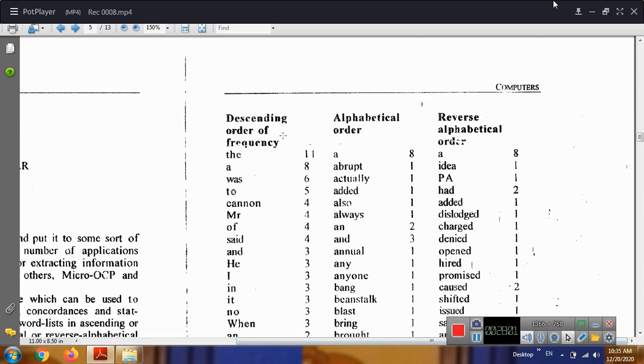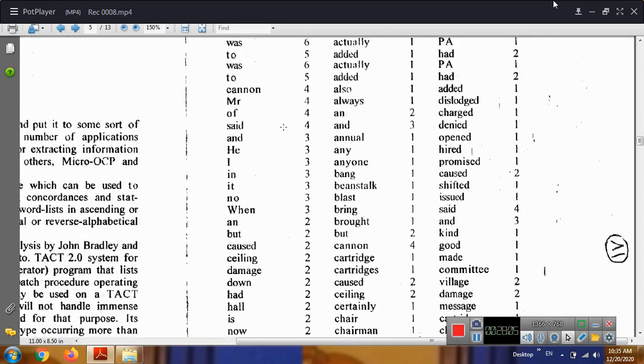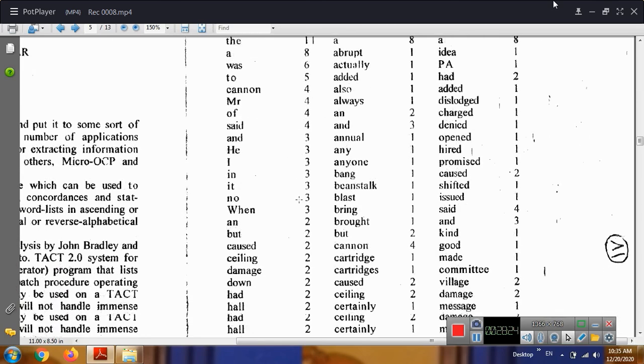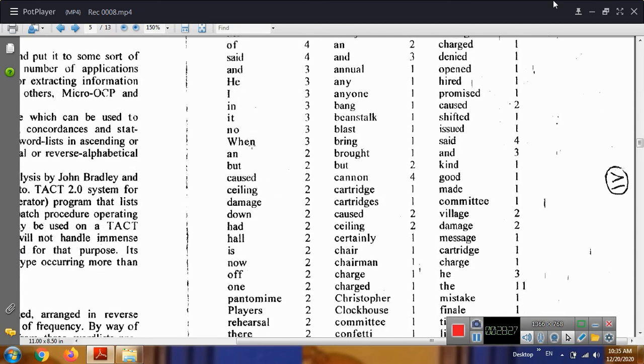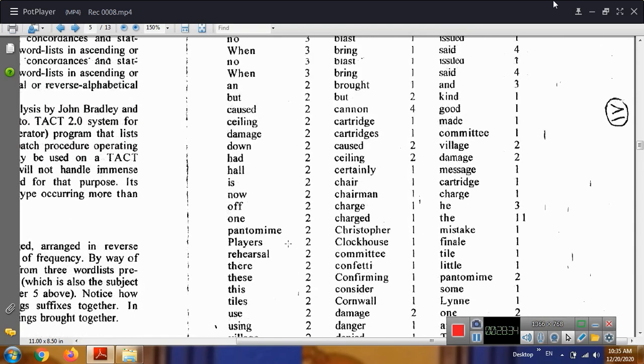Example of a word list which can be in descending order of frequency, according to the top frequency to the least frequency. D has 11, A has 8, was has 6, and so on, for damage is 2, village is 2, we is 2.